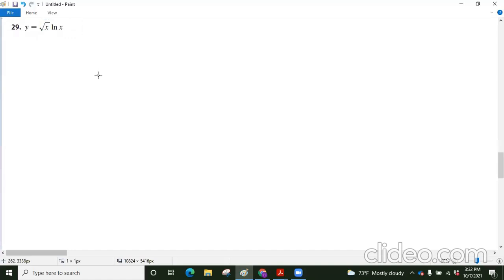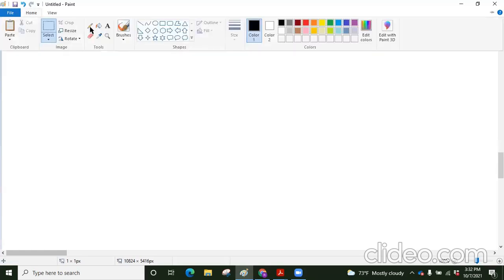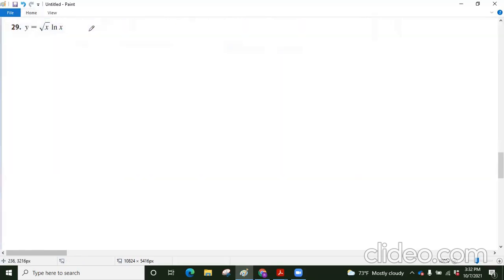So this next problem here is a little more tricky, but I wouldn't say it's not possible to solve. Essentially what it wants you to do is find the derivative of this function, y, but it also wants you to find the second derivative.